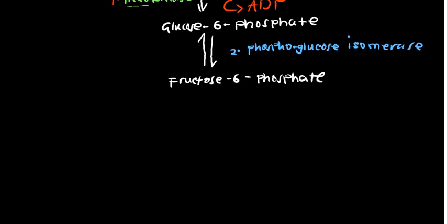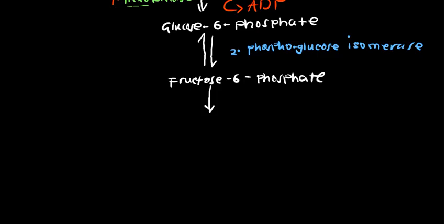Thereafter, this fructose 6 phosphate gets converted again. When it's converted here, there is no going back. Once it's converted, it goes to the glycolysis. So this is the step that we are going to call the committed step.